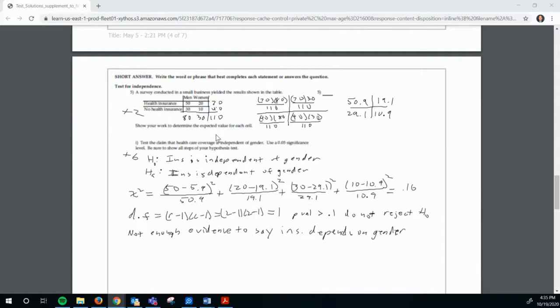If I randomly pick somebody, what's the probability that it's a woman and they have health insurance? So it'd be 20 out of 110.